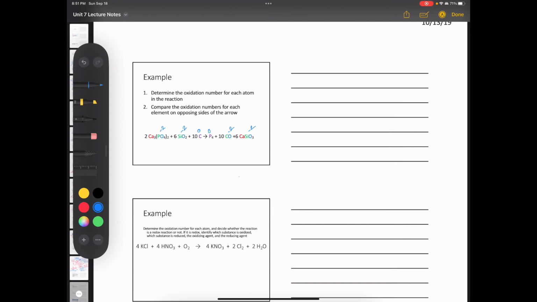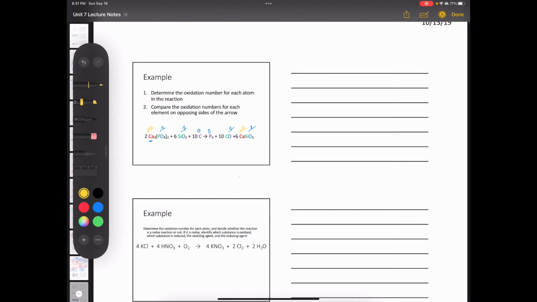Okay. So, do I have any hydrogens? Do I have anything else that I can use the table for? Yes, I have the calcium, which we know is in group 2 in the periodic table. So calcium will always have a +2 oxidation number, and it will have a +2 oxidation number on the other side.